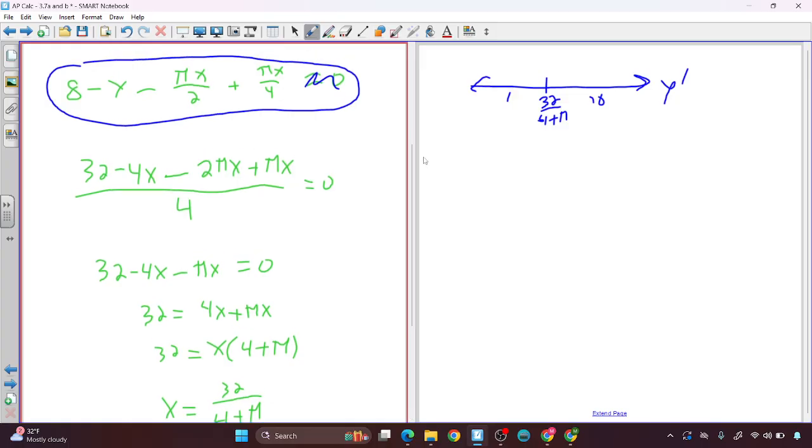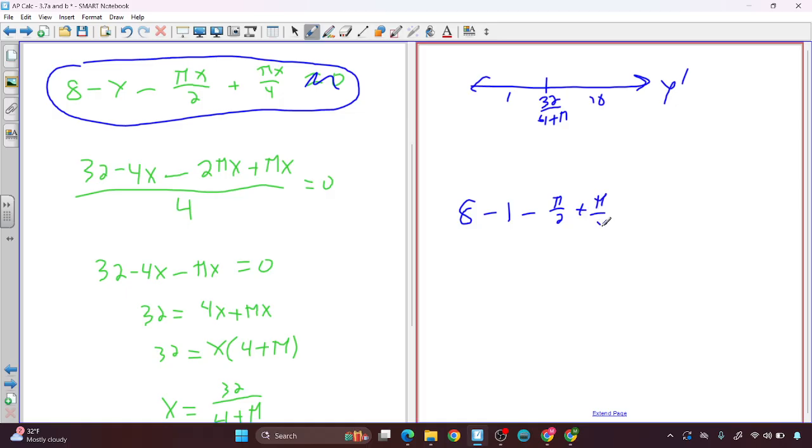derivative. Okay, so I have 8 minus 1 minus pi over 2 plus pi over 4. So I think this is going to be positive, but let's just see. 7 minus pi over 4, right? And pi over 4, that's a pretty small number right there, maybe 1 or something. So positive.